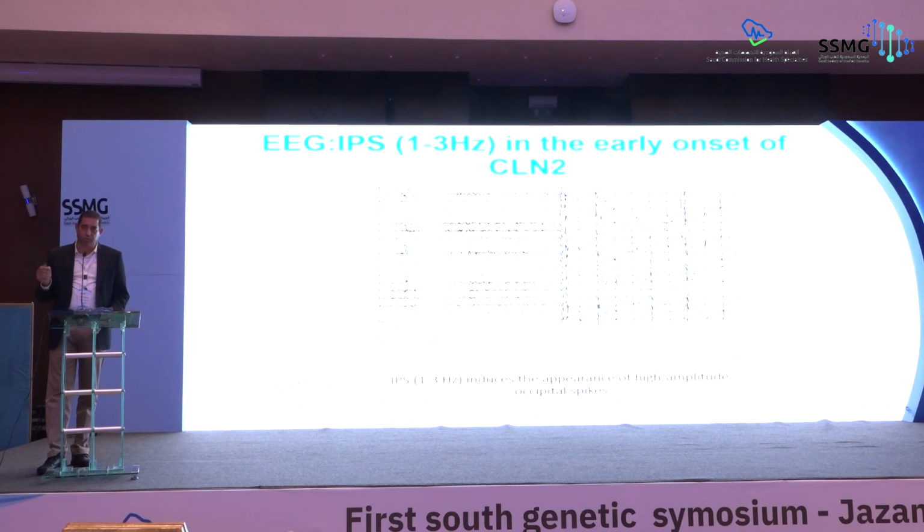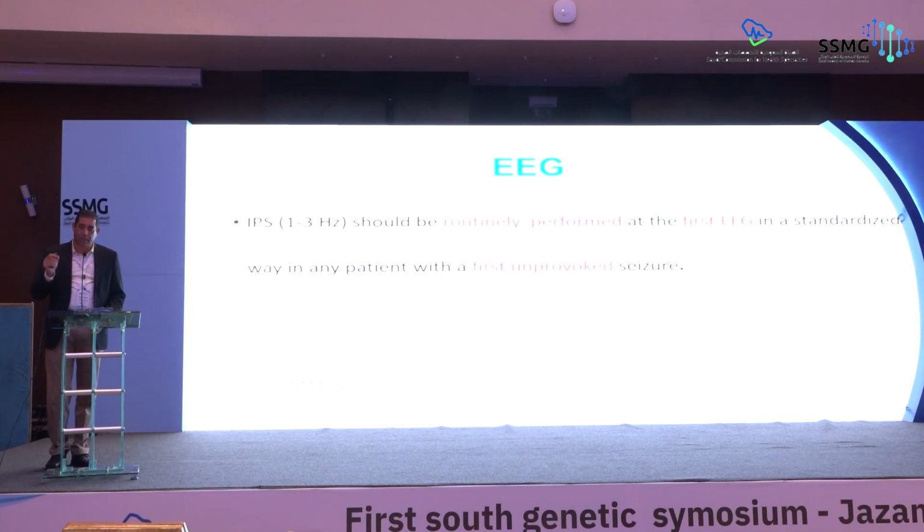At 1 or 2, maximum 3, you will see these discharges at every stimulation, and this is seen in around 70 to 80% of patients with early onset CLN2. So EEG can be a very specific and early red flag for patients presenting with non-specific symptoms and signs such as developmental delay, language problem or first attack of seizure. The first important thing is to tell the technician to do the EEG with IPS at low frequency.